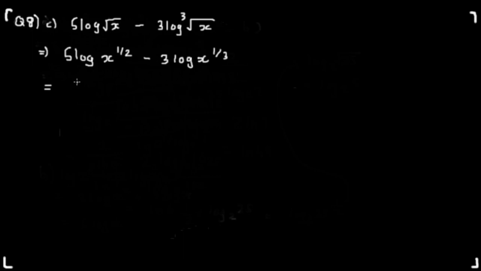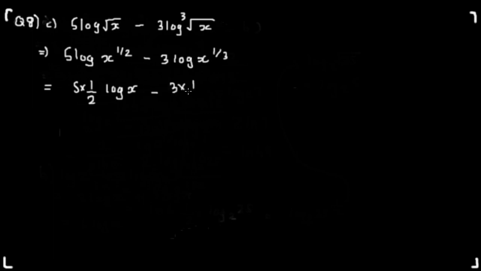So now it's going to be 5 times 1/2 log x minus 3 times 1/3 log x. Let me write it down actually.